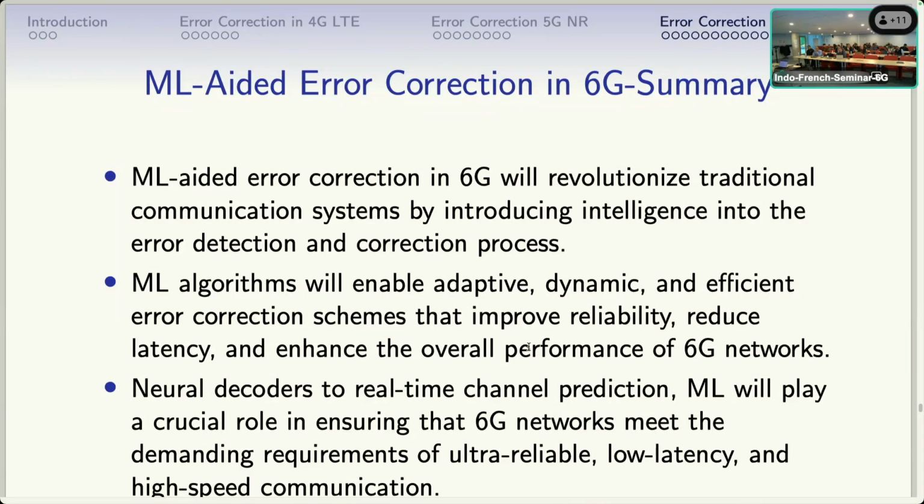It also senses the dynamics of the network scenario, and based on that, it will try to improve the performance. This is what the neural decoders and the channel prediction do, though it is not very much connected to error control. But these are also important factors that will improve the performance of error correction, ultimately achieving the goal of an ultra-reliable low latency network.